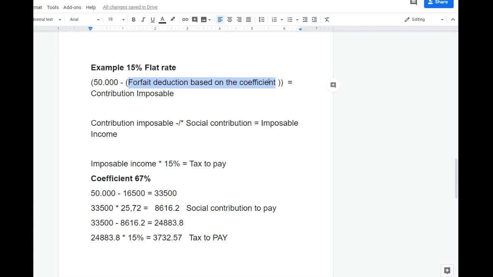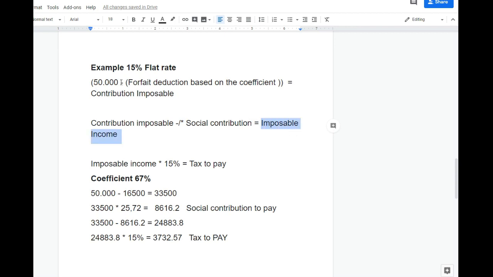As we saw in the official gazette, there are several coefficients based on your activity. When we do this calculation with the percentage, we get a certain amount, the contribution imposable, which means that on this amount of money we have to subtract the social contribution. And you can either subtract fixed social contributions, or you can multiply social contributions, and you get after that the imposable income.